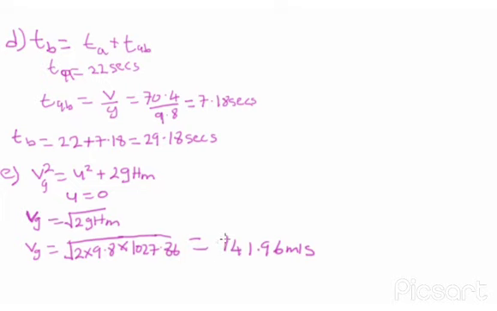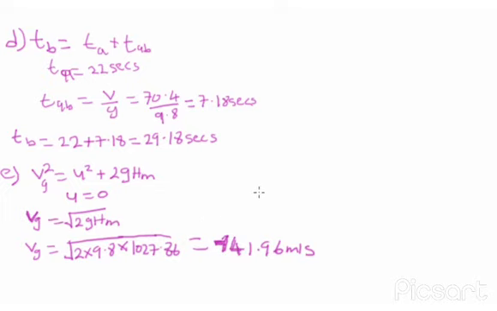So the downward direction at which it's moving before it strikes the ground will be negative. So the velocity will be minus 141.96. The negative sign is very important.